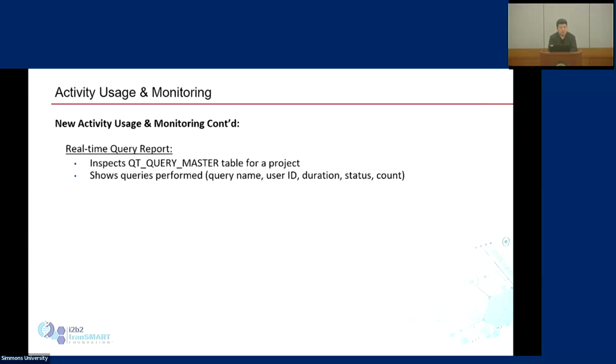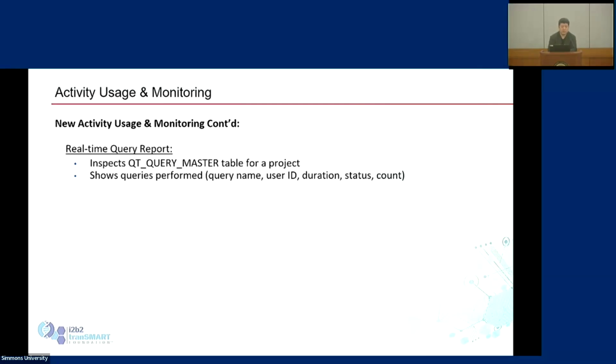So you can finally see in an I2B2 instance queries that were performed, let's say by query name, by user ID, the duration of the queries, how long queries have been taking, the status of the queries. So did they complete or did they fail?